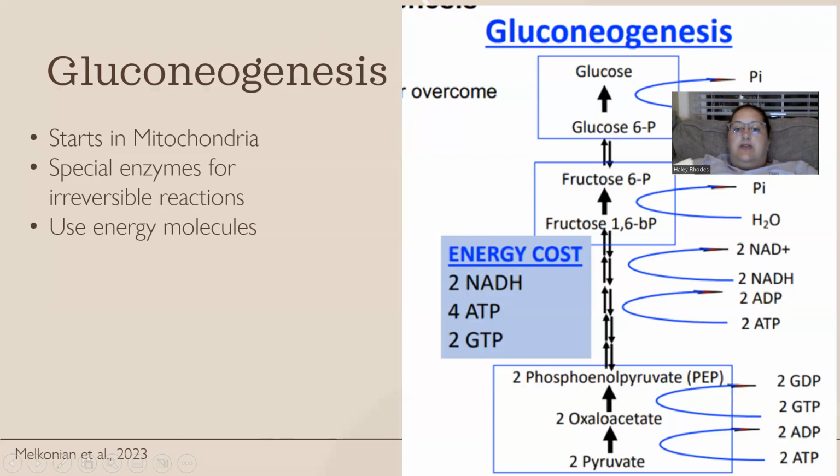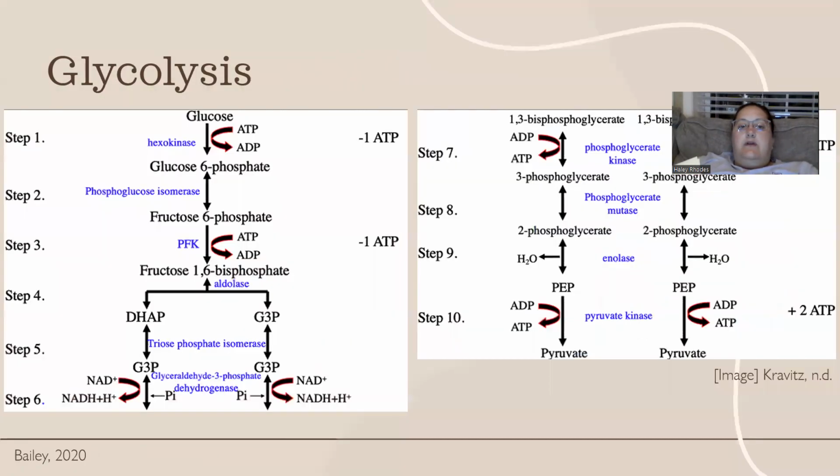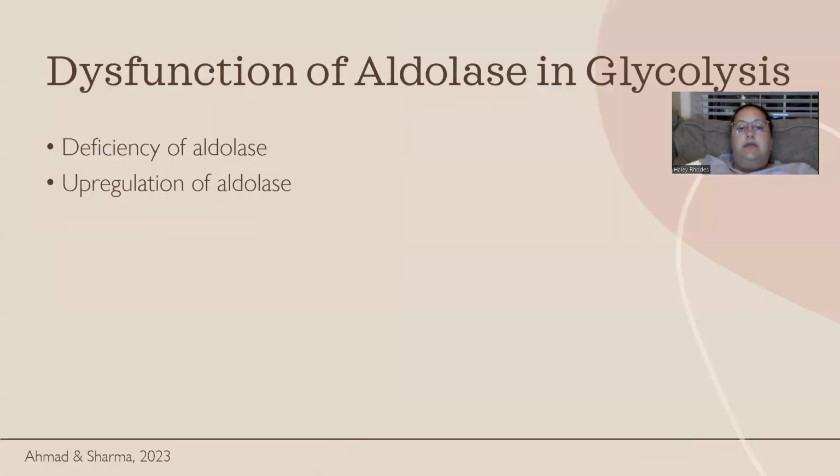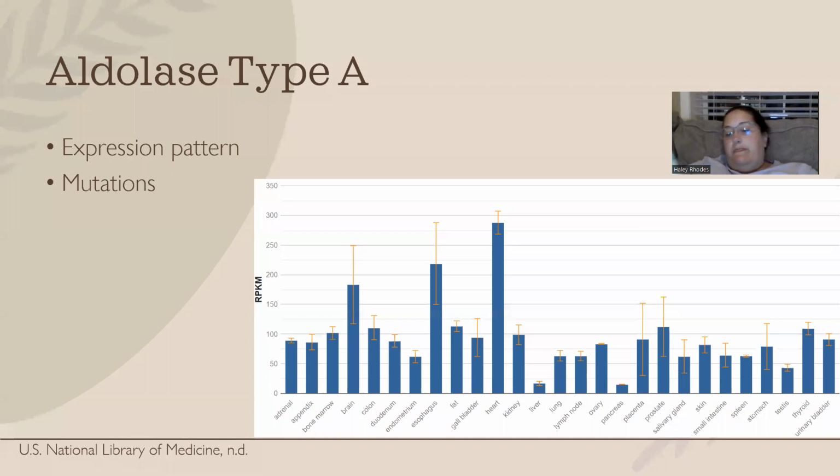So luckily, as you're going through the processes of gluconeogenesis and glycolysis, most or many of the enzymes that you have in each are typically very close to your previous molecules that are being made. So it makes it a little bit easier to remember them all.